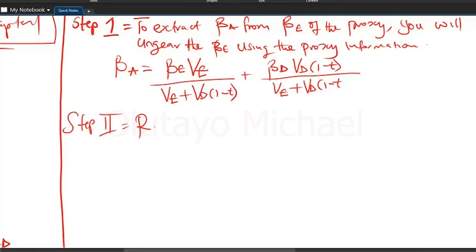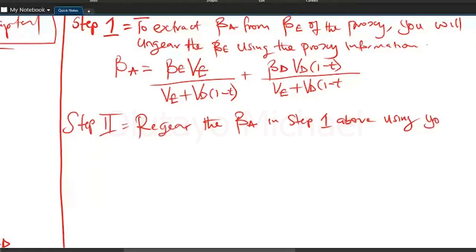Regear. I want to regear it. Regear the beta of assets in step 1 above, using your company information.